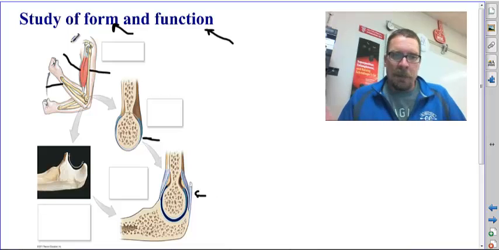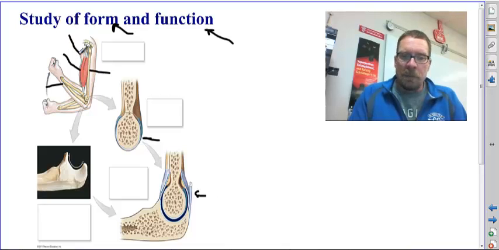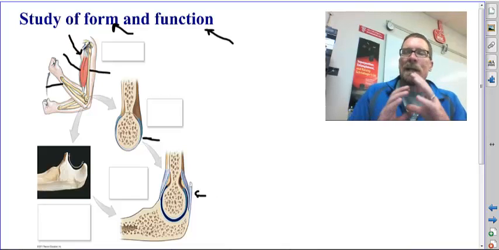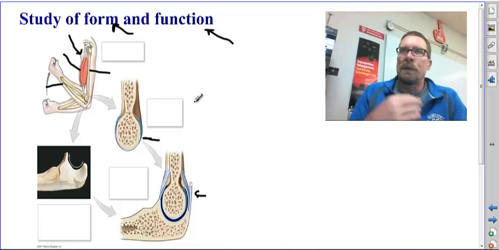There could be any number of other things going on there also. So that is really the difference: anatomy is looking at the structures, physiology is looking at the function.